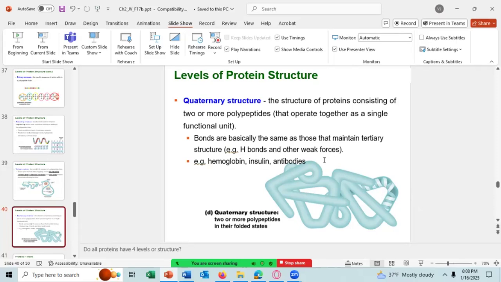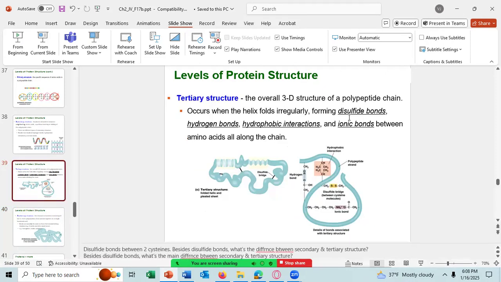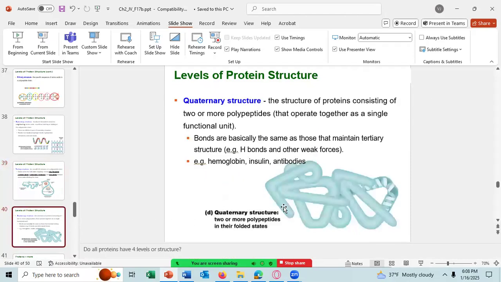In the quaternary structure, all of the polypeptides have to come together, and there will be amino acids interacting, like these amino acids here are being attracted to the amino acids of this polypeptide, and then this amino acid here will be repulsed from that amino acid, and that's why they're not together. You find the same forces of attraction in the quaternary structure that you do in the tertiary structure, meaning the disulfide bonds can be one of the forces of attraction between the different polypeptides.